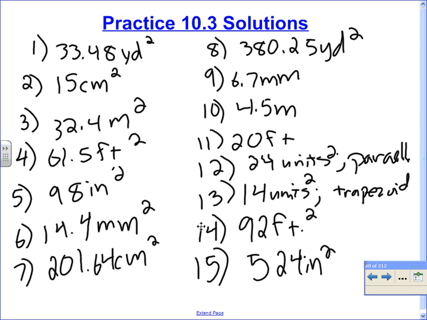Okay, let me just read to you the first part of 8, see if that helps you. You should have area equals 1/2 times, in parentheses, 32.5 plus 26, and then times the height, which is 13. So when you add what's inside parentheses, you get 58.5. I'm going to write it up here for you if you need me to.